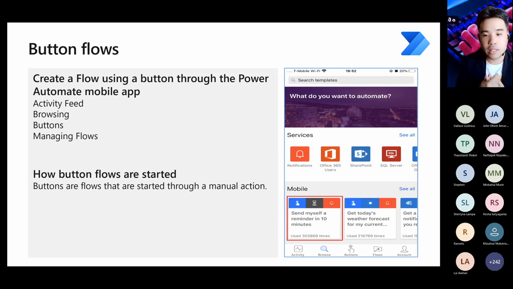You can see the activity feed. The activity feed is the place to see what's happening with your flows. It wouldn't be the full experience you expect from your PC, but it will show you useful details. For example, you will see the last activity. You can see whether the flow succeeded or failed. If it failed, you will see which step it failed on. This will help you monitor it easily through mobile.